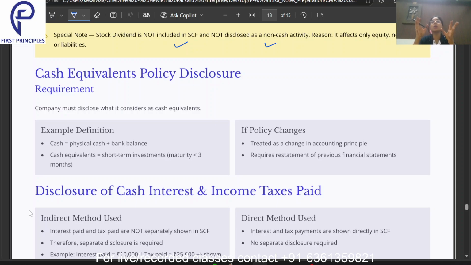Instead of giving shareholders cash for their share of profit, the company gives them shares. That is termed a stock dividend. So it is not disclosed as a non-cash activity because it only affects equity, not assets or liabilities. Very important point to note, guys. Please remember this one.